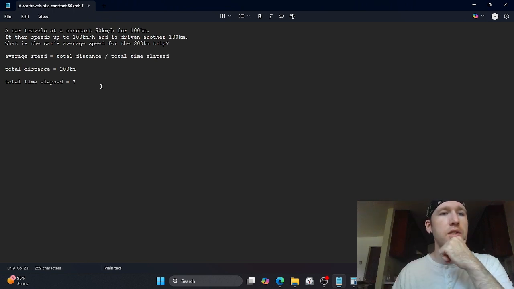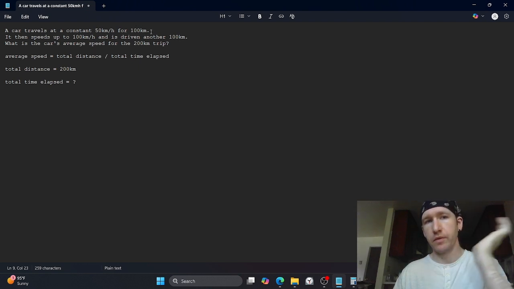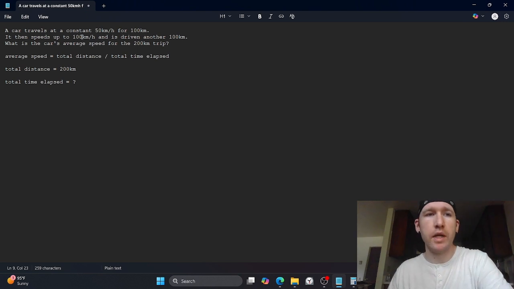In order to find time elapsed, you have these two segments, a velocity and a distance, and a velocity and a distance. This velocity and distance, obviously, for segment 1 or interval 1, and this velocity and distance for segment or interval 2. Okay, so how do we take these units here and acquire time from them?